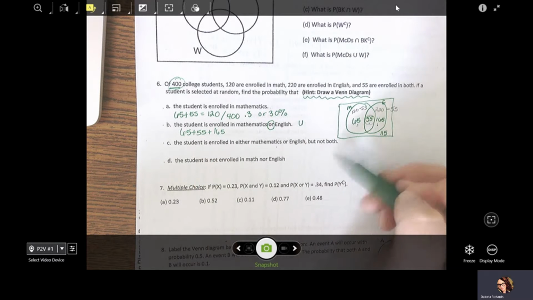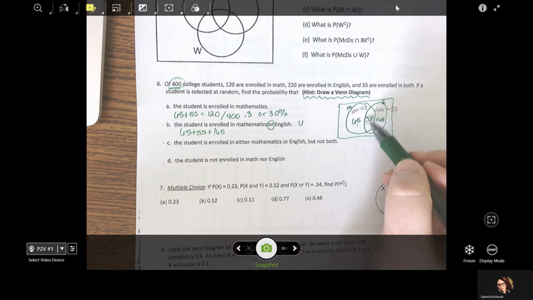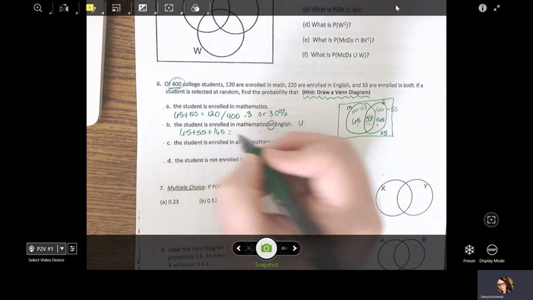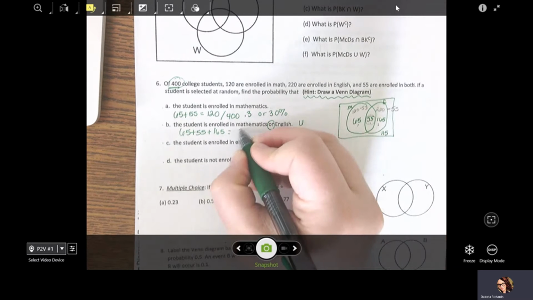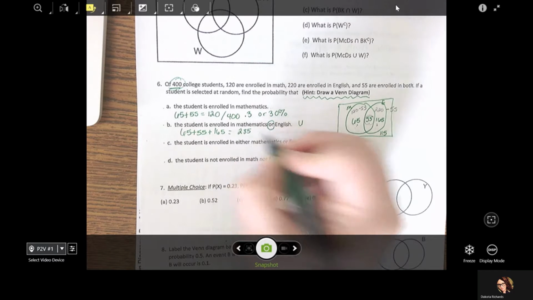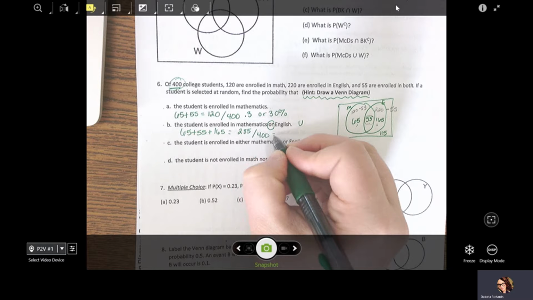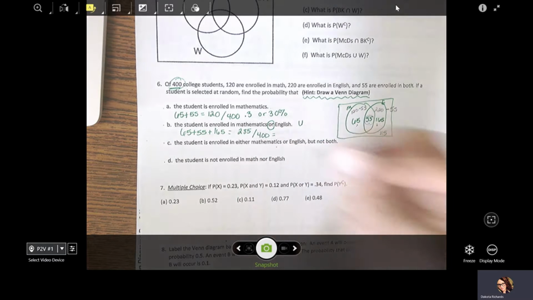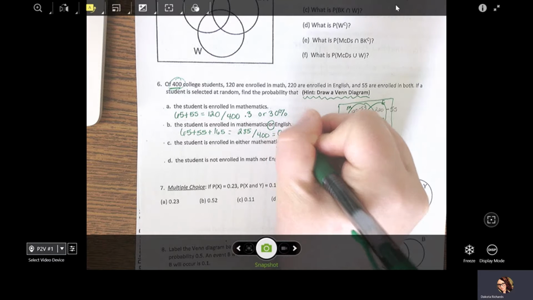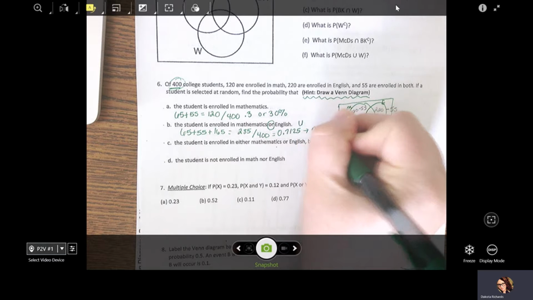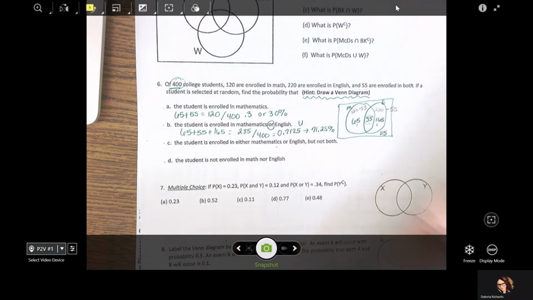So 65 are just taking math. 55 are taking both math and English, and then 165 are taking English. So it can be one or the other. All right, so when you add those up, you end up getting 285. And again, this is still out of 400. So when you get that decimal, that should give you 0.7125. Turn that into a percent, you have 71.25%.